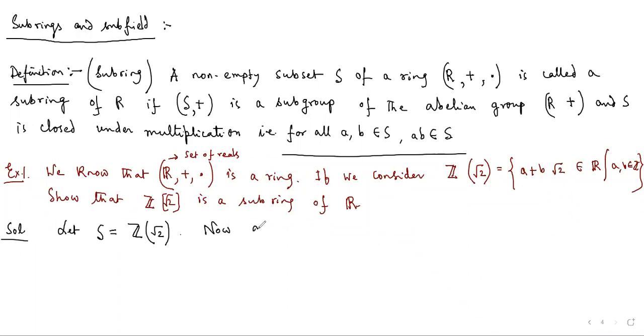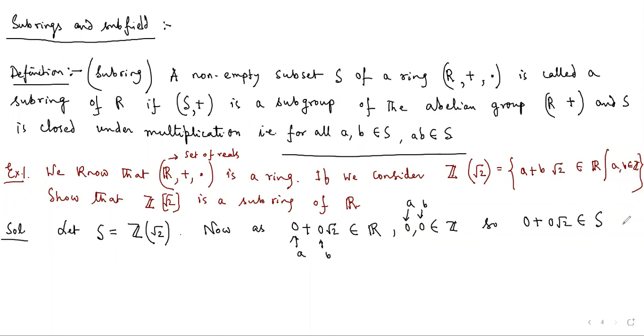Now, as 0 plus 0 root 2 belongs to R, where this 0 is for a and this 0 is for b, these are integers. So 0 plus 0 root 2 belongs to S, and hence S is not equal to phi. S is non-empty. So this non-empty part we have shown.